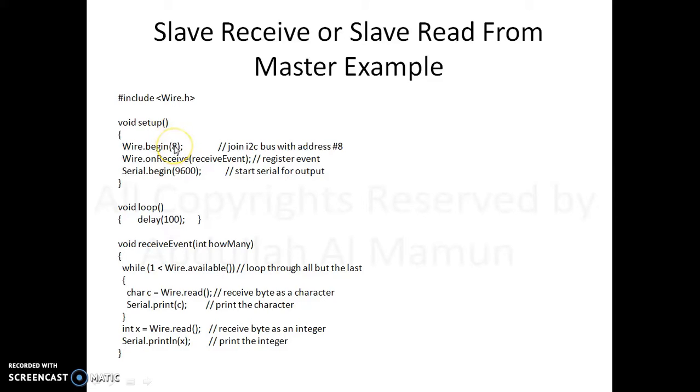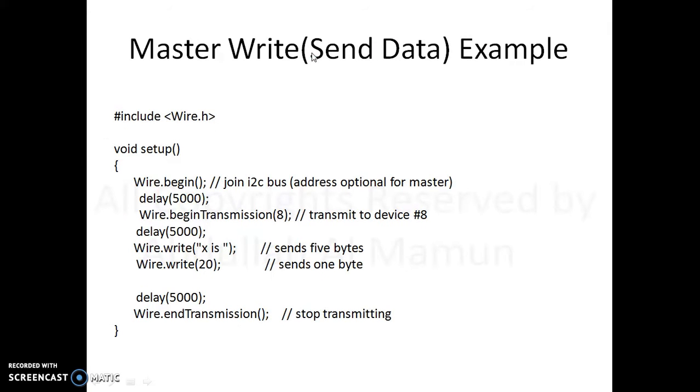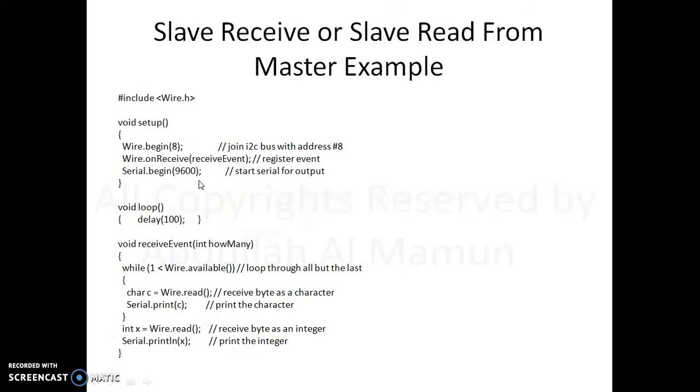We write just 8. Since we write something between the brackets, this code is for the slave. If I go back to the previous slide, you can see this is the code for the master, and there is nothing between the brackets. So we define this code for slave number 8.